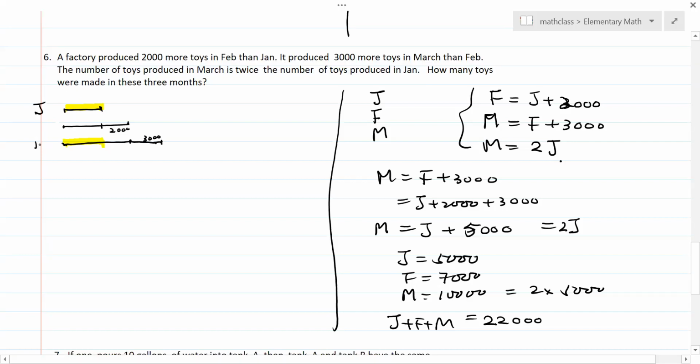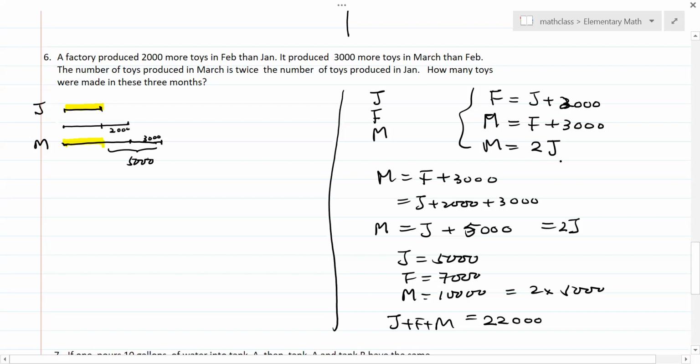So January, March. But we are told that March is going to be, the number of toys is double the January, right? Sometimes like say 100 more than double the January. That's possible, twice of January. So here you can see that this part is additional 5,000, right?